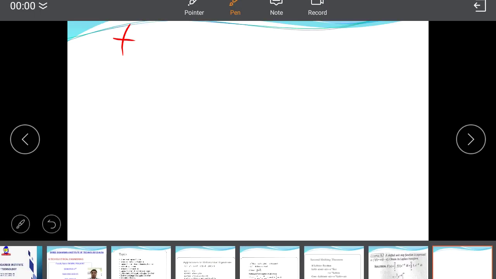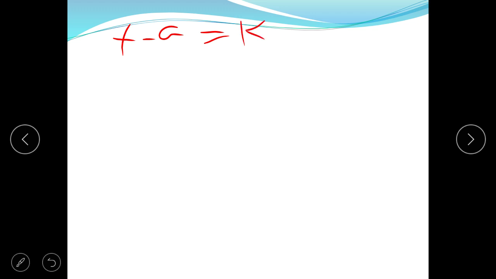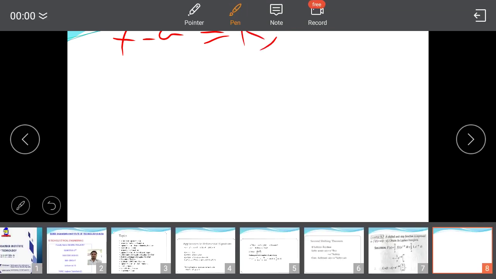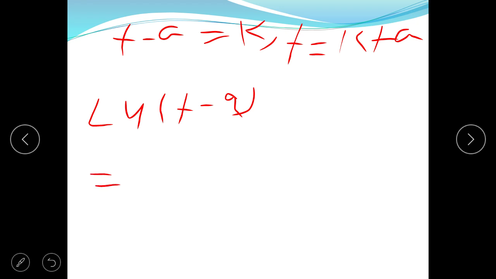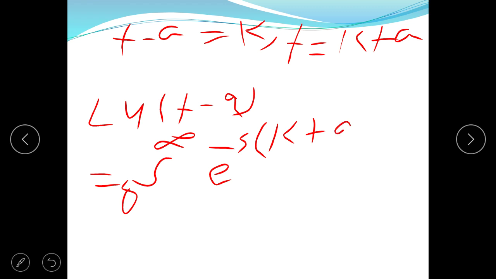Or we can understand it simply: if we put t minus a is equal to k, or t is equal to k plus a, then Laplace of u(t minus a) is equal to the integral from 0 to infinity of e power minus st, where t is equal to k plus a.